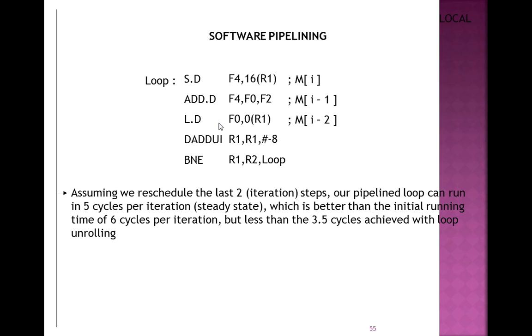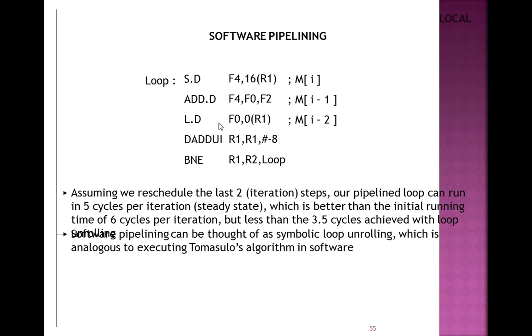What is the advantage of loop unrolling? It increases the program performance, and it also reduces the number of cycles used, that is cycles per iteration.